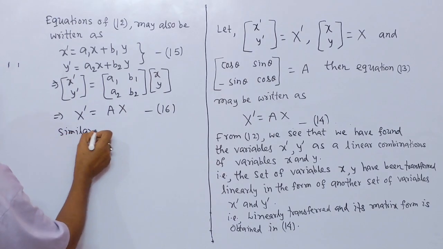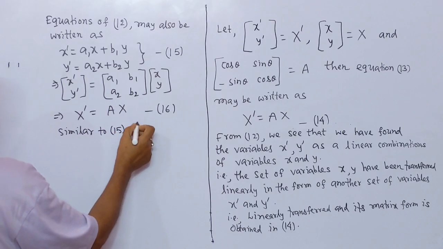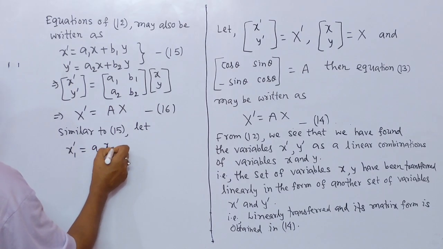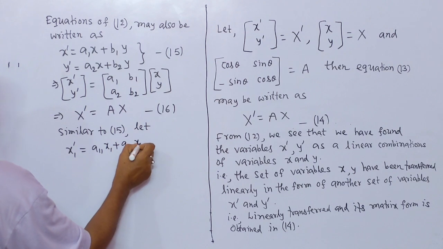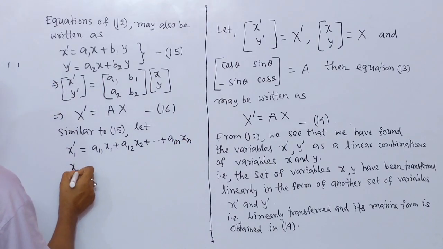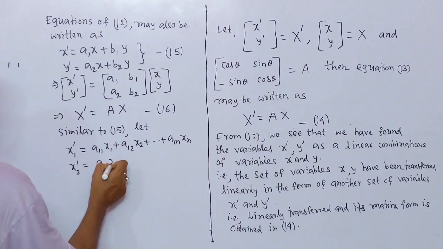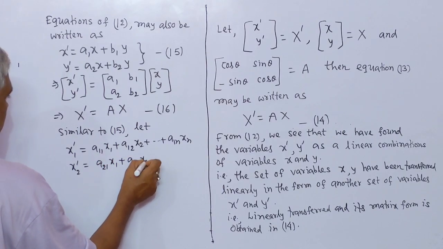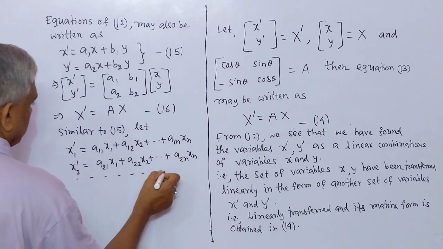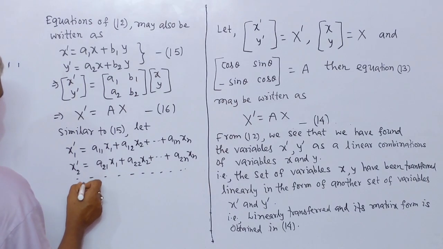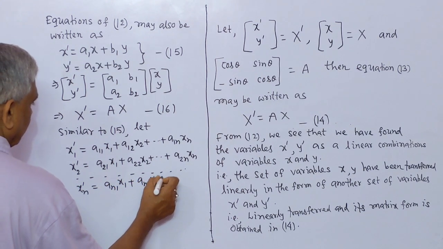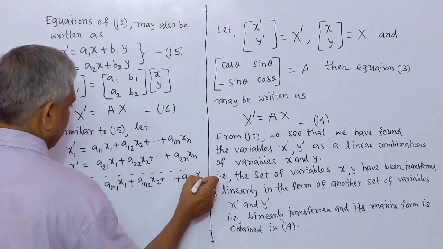Similar to 15, let x1 prime equal to a11 x1 plus a12 x2 plus dot dot dot a1n xn, x2 prime equal to a21 x1 plus a22 x2 plus dot dot dot plus a2n xn, and so on, xn prime equal to an1 x1 plus an2 x2 plus dot dot dot ann xn.